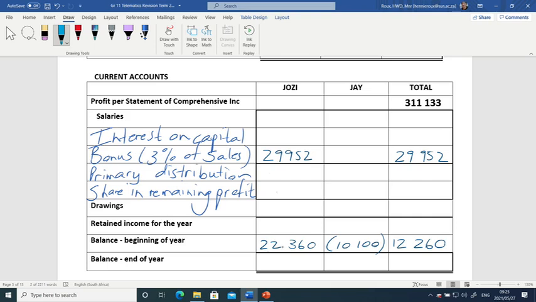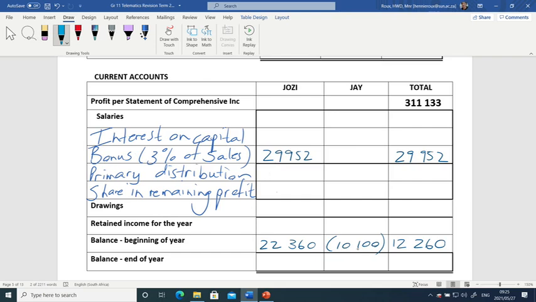They gave us the opening balances. The opening balances were given for the current accounts. Josie was a credit without brackets. J was a debit with brackets. That means J withdrew more than he was supposed to, more than what was allocated to him the previous year.